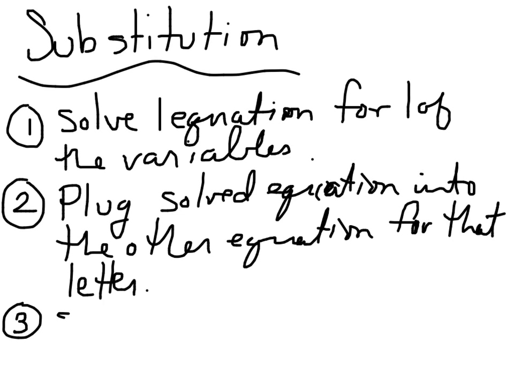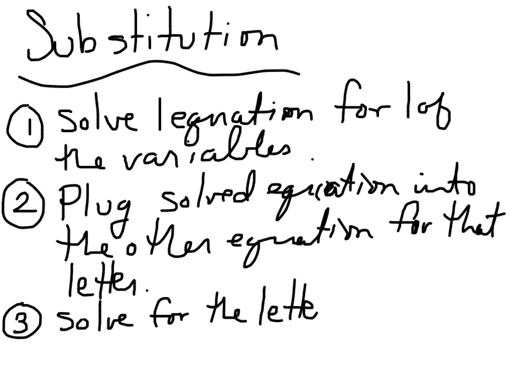Step 3. You're going to solve for the letter that's left. And here's what I mean by that. If I solve for y and I plug the stuff in for y, then the only letter that's left over is x. If I solve it for x and put it in there, then the only letter that's left over is y.